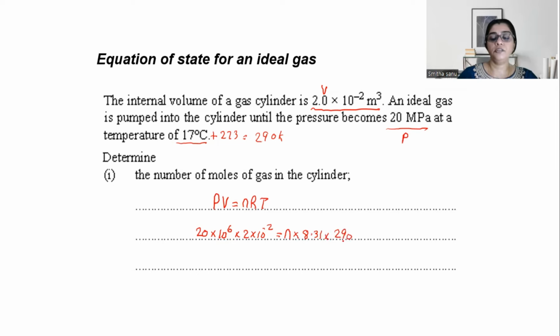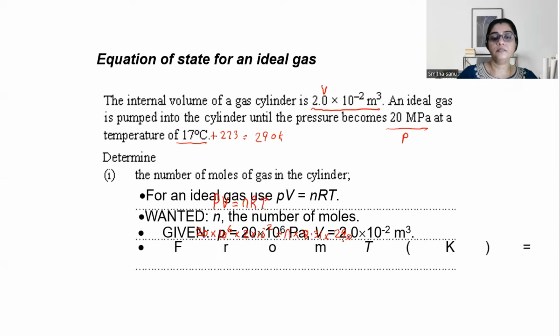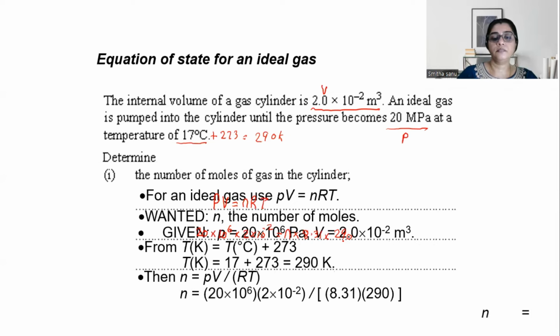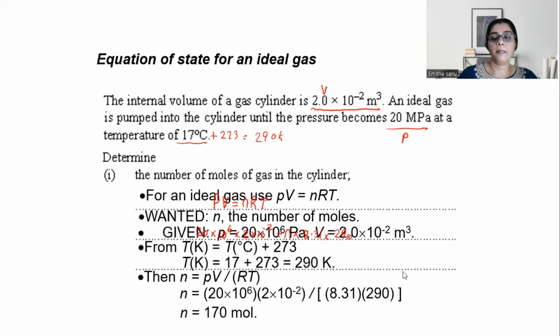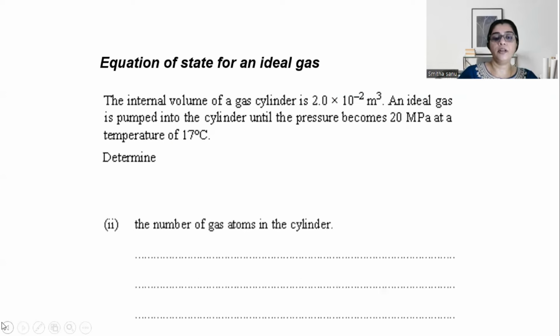On rearranging, we should be getting the answer 170 moles. You can see it clearly, PV equals nRT gives you the answer for n.